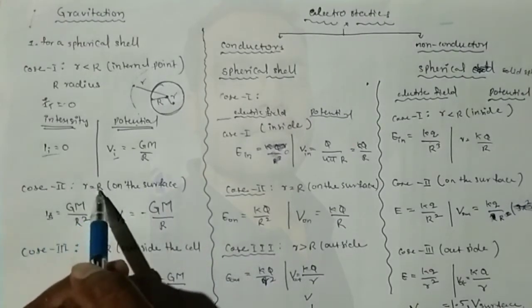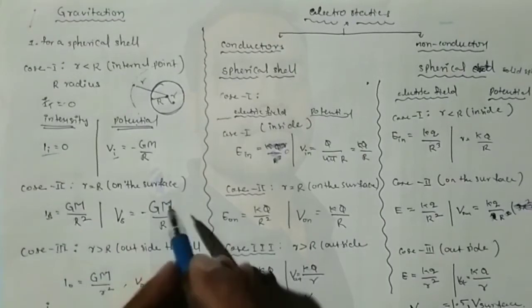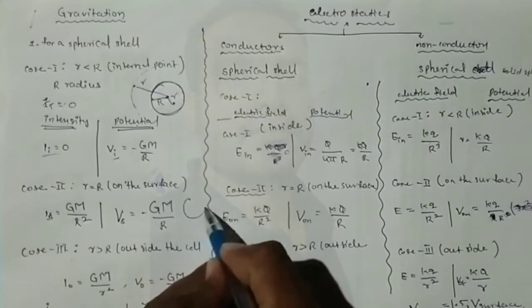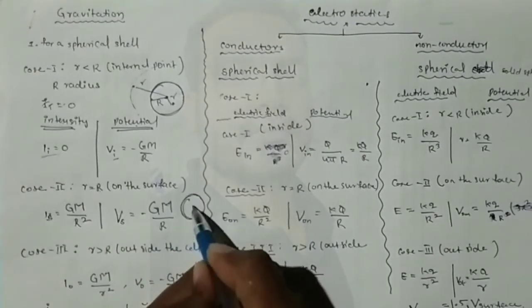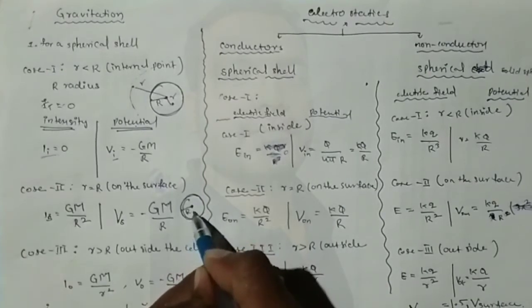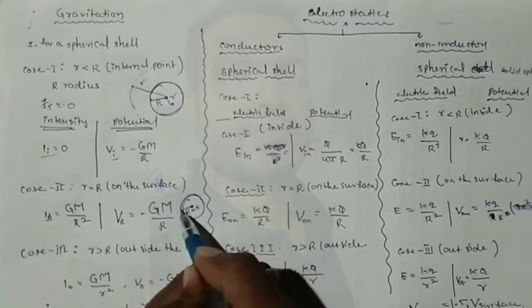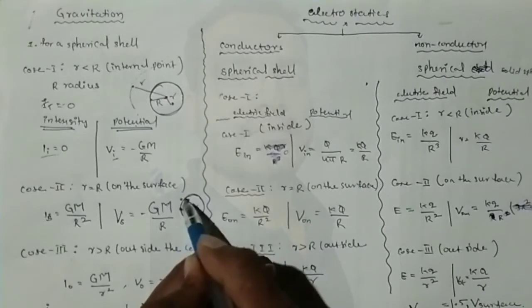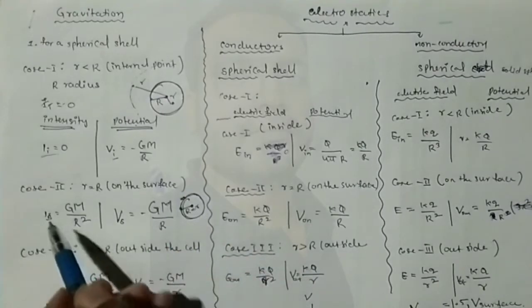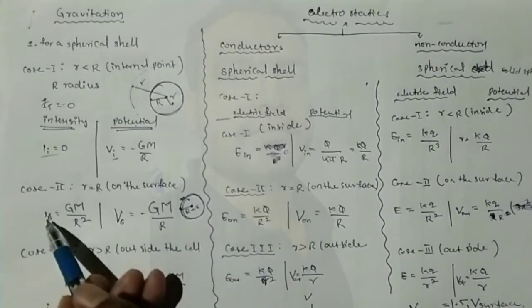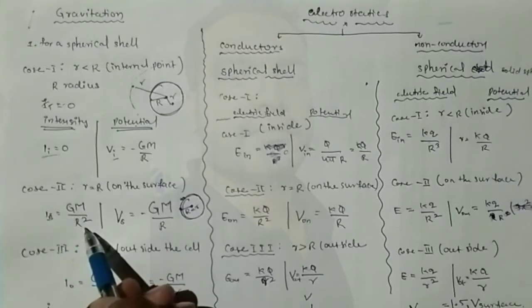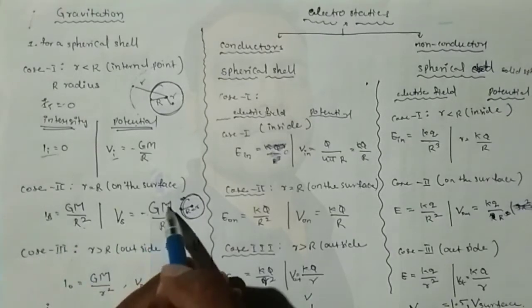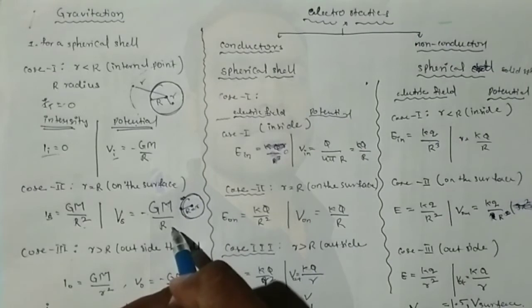Small r is equal to capital R, nothing but on the surface. On the surface, intensity is equal to G m by R square. Potential is minus G m by small r.